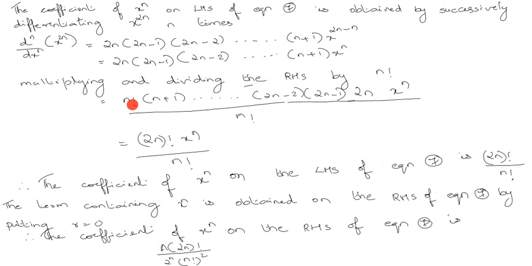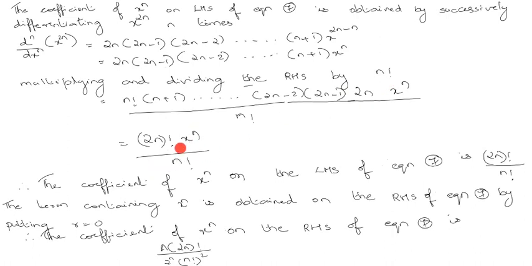This is n factorial into n plus 1, n plus 2, etc. up to 2n, which is 2n factorial. So n factorial, this term will become 2n factorial. That is written here, 2n factorial into x raised to n divided by n factorial.